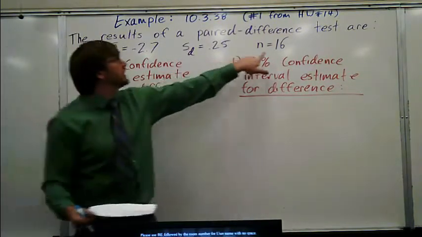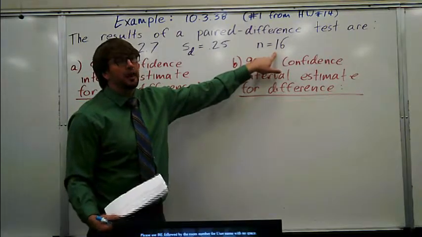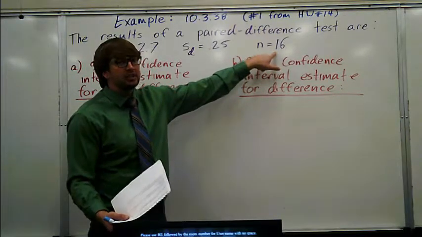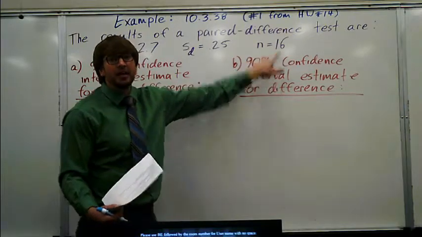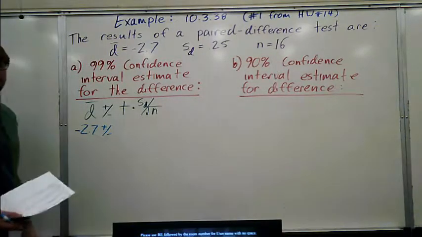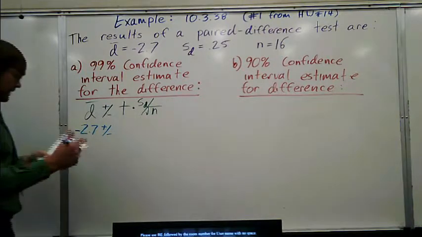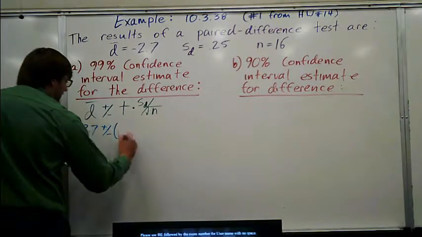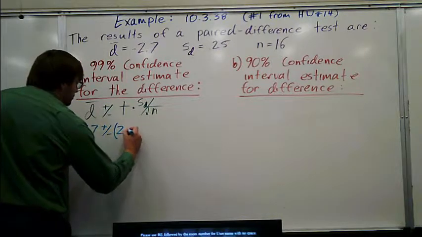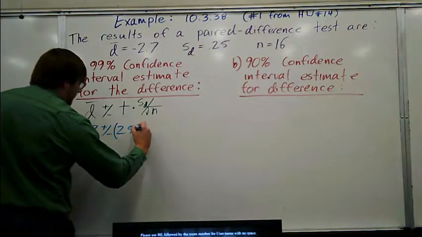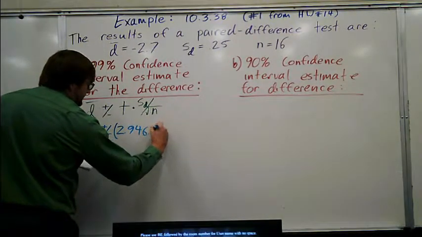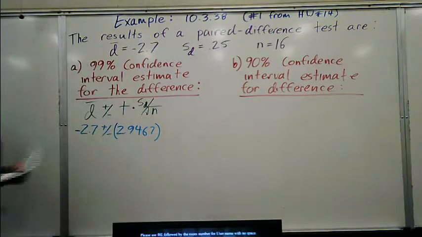So since our sample size is 16, our degrees of freedom is going to be the sample size minus 1, or 15. So you look at the degrees of freedom of 15, and for the 99% confidence interval, I come up with a t-value of 2.9467.